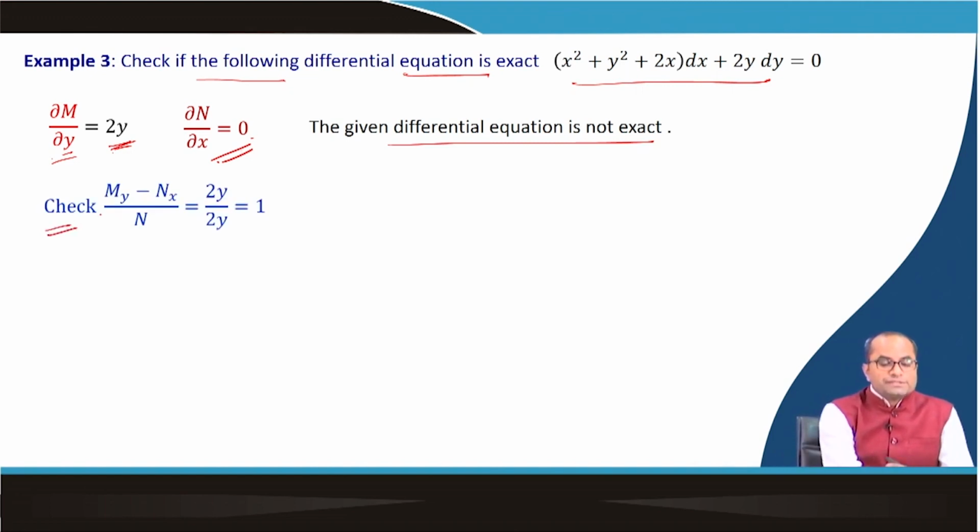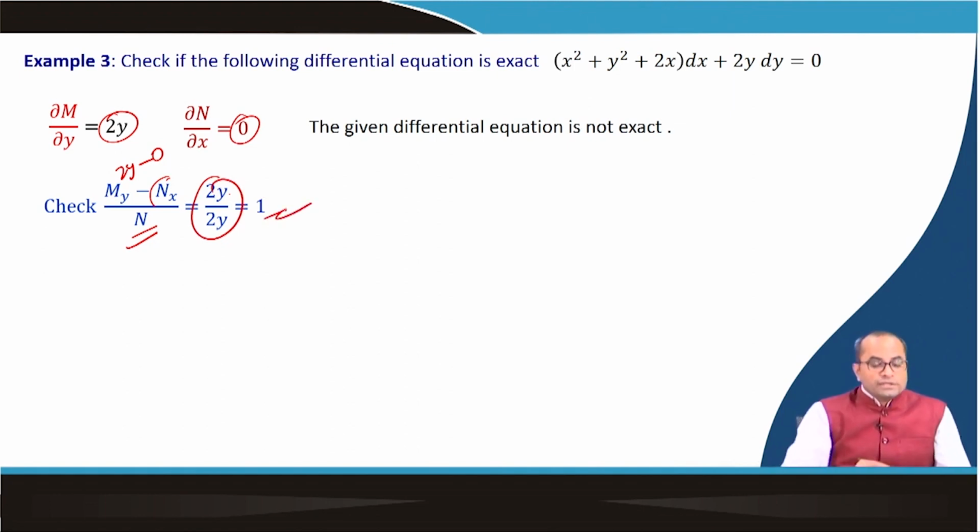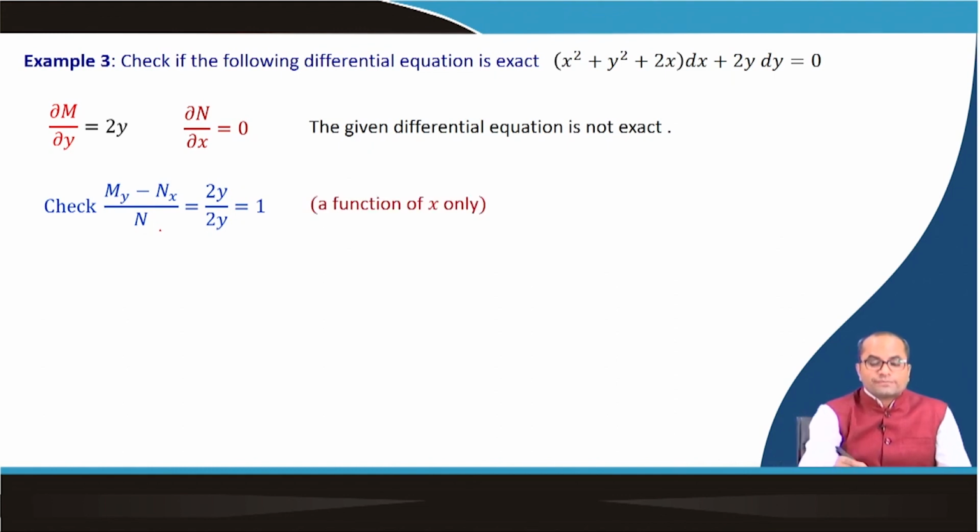So, for that we will check (M_y - N_x)/N in this case, and M_y is 2y and N_x is 0, divided by N which is again 2y. So, we will get 1, which can be treated as a function of x alone.